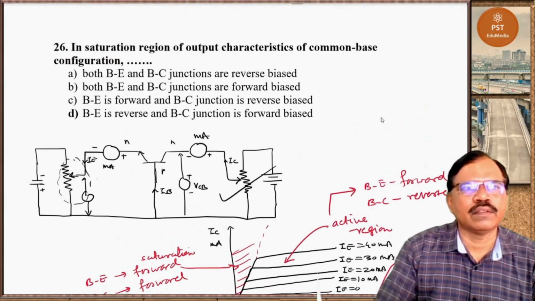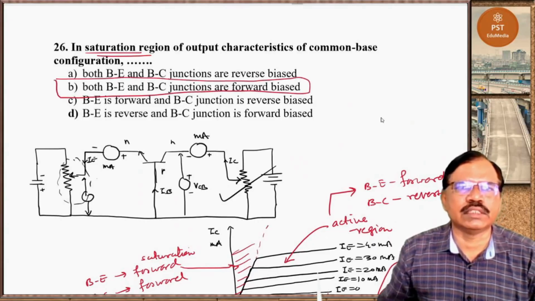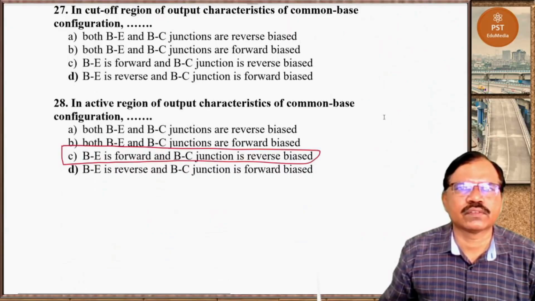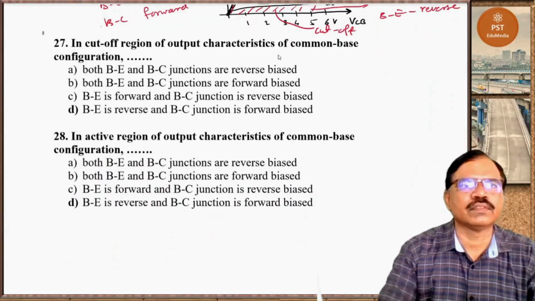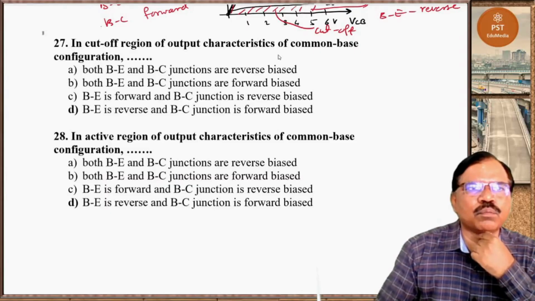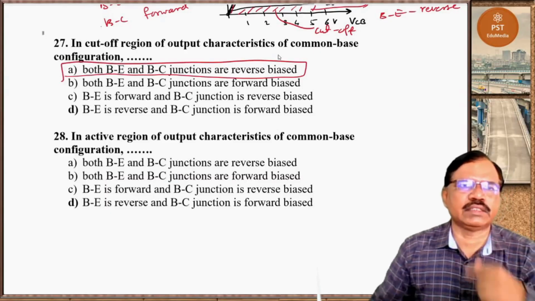So here in the saturation region, both junctions are forward biased. In the cutoff region, both the base emitter junction and the base collector junction are reverse biased.